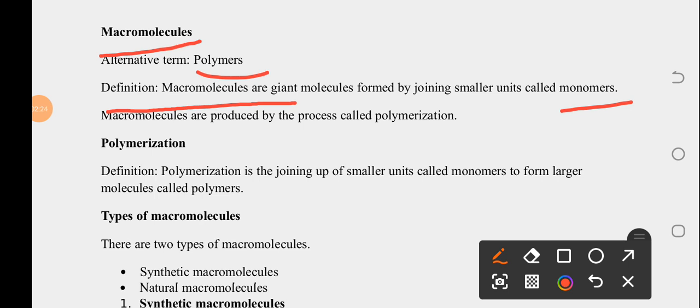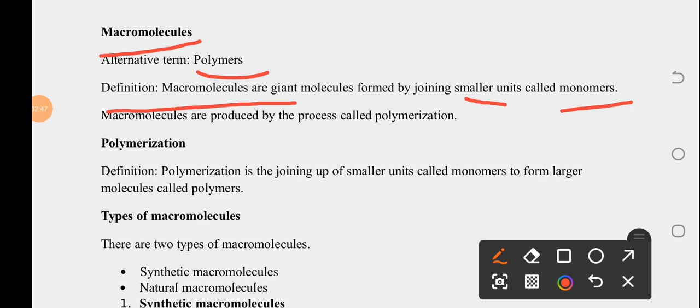These monomers are smaller units, and the combination of these two smaller units, or more than two smaller units, results in the formation of what? A larger molecule, which is called a polymer.